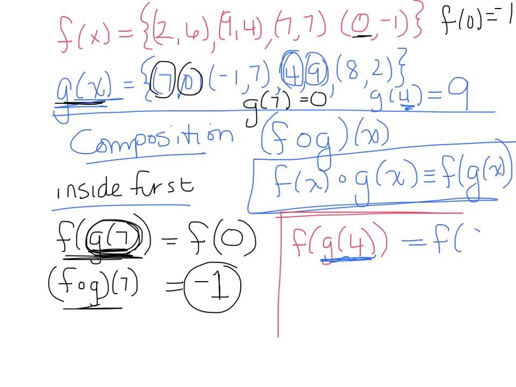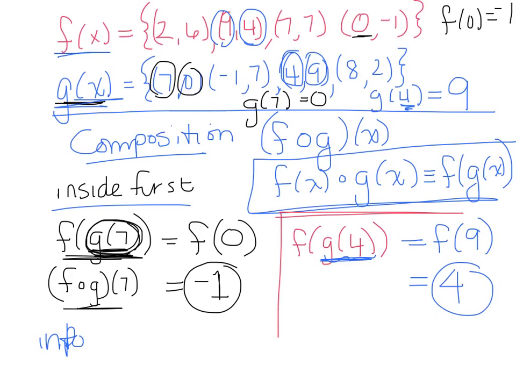So f of 9. And then it's a matter of finding what is f of 9. So go back to the f function. When x is 9, what is the y value? The y value is 4. So that equals 4, and that will be my answer. Okay? So this is taking a composite, and it's all about the input.